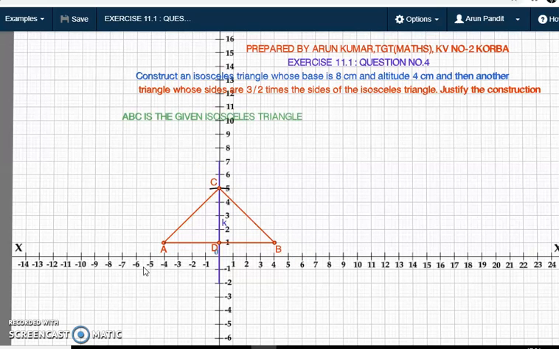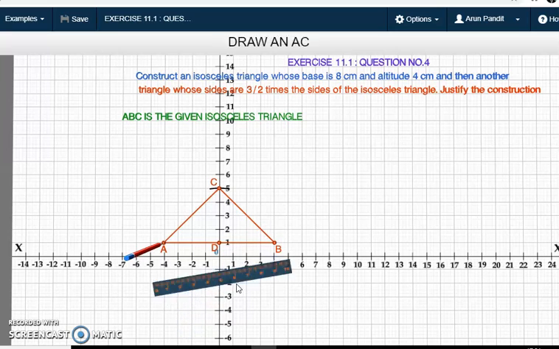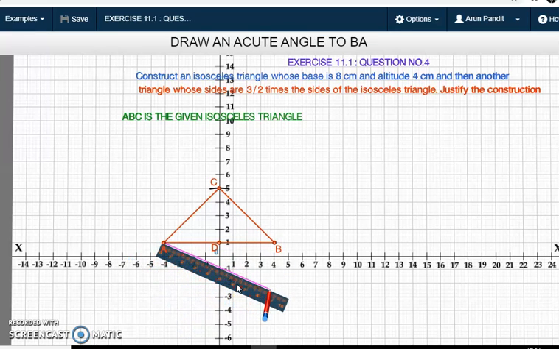Now we have to construct a triangle similar to triangle ABC in the ratio 3:2. So the greater of 3 and 2 is 3. First of all, you have to construct an acute angle just below the line segment AB.